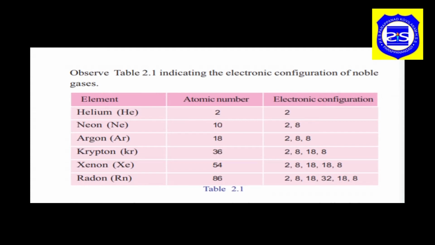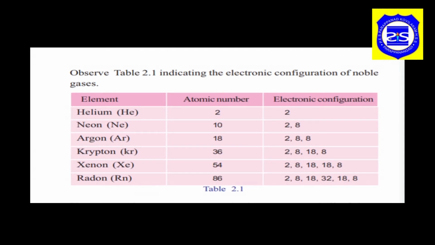Look here, the atomic number of helium is 2. The electronic configuration? Yes, only one shell is present in helium, so the electronic configuration is 2. Then neon: the atomic number of neon is 10, the electronic configuration 2, 8. And argon, 18, 2, 8, 8.